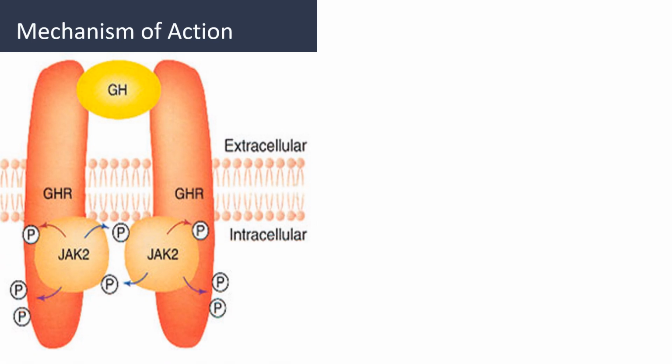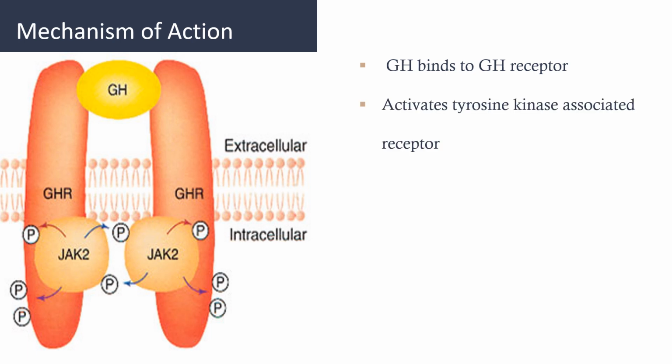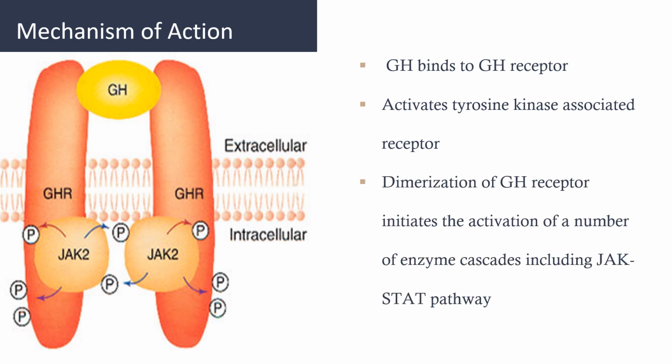Mechanism of action. The growth hormone binds with the receptor called growth hormone receptor, which is a tyrosine kinase associated receptor that belongs to the cytokine receptor superfamily. It has three domains: a large extracellular domain, a transmembrane domain, and then the cytoplasmic domain.